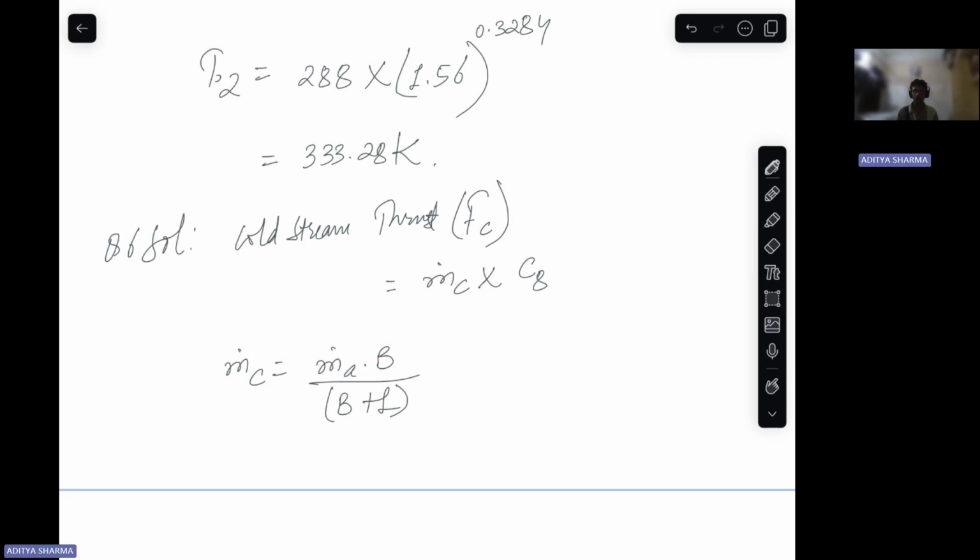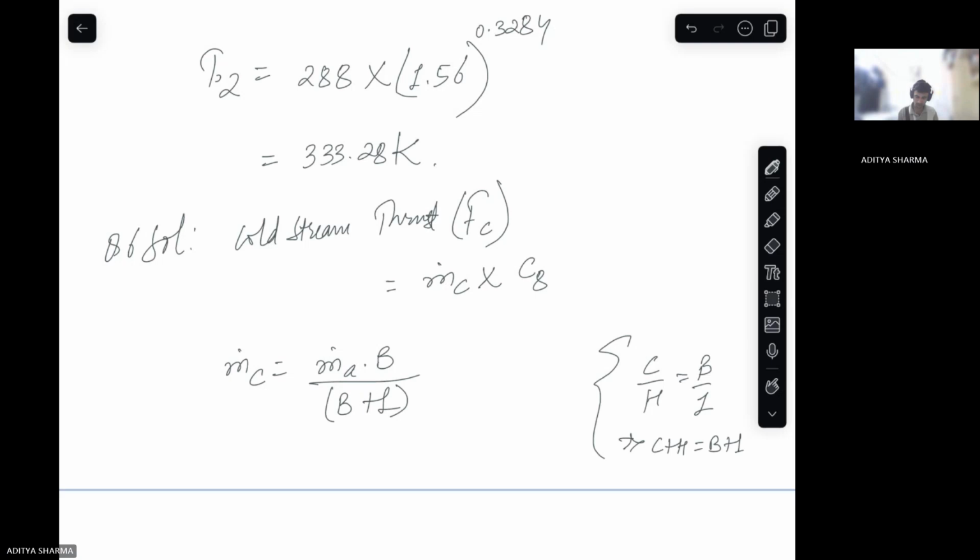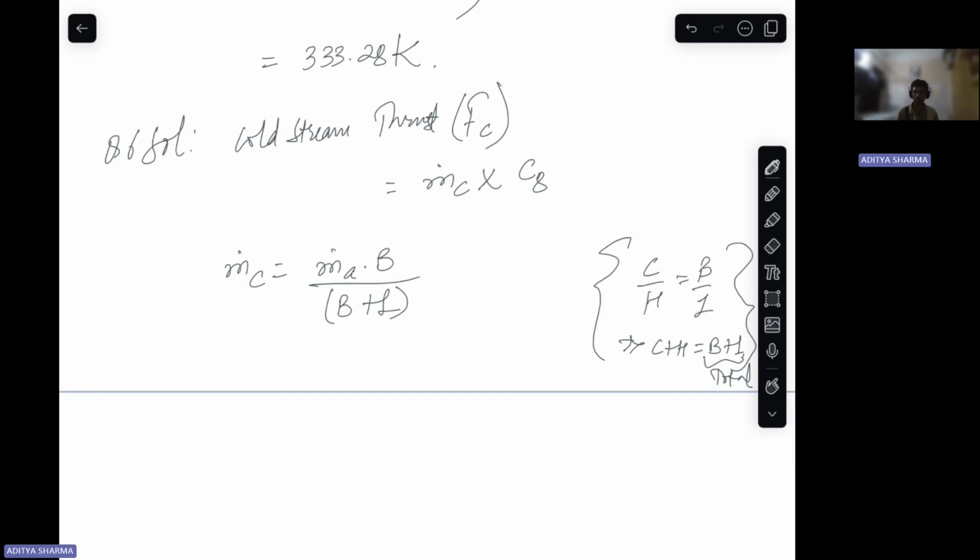Because this is cold by hot is B basically. So cold by hot is B by 1. Okay. Implies C plus H is equal to B plus 1, which is total. So this basically is total mass flow rate, B plus 1. Out of that, B is the cold part.